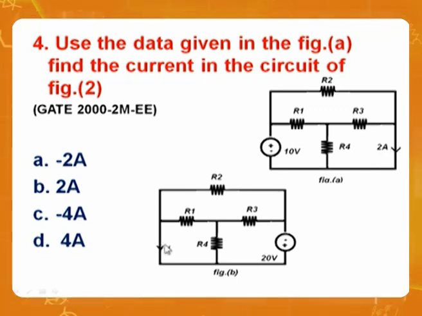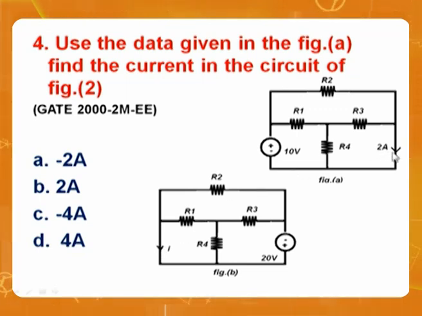For example, according to the superposition theorem, if this 10 volts comes here, it should be 2 amperes here. Therefore the answer can be 2 amperes if this is 10 volts, but now it is 20 volts. That means it should increase to 4.